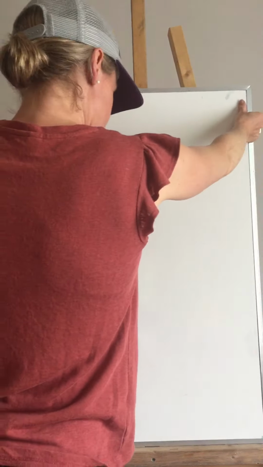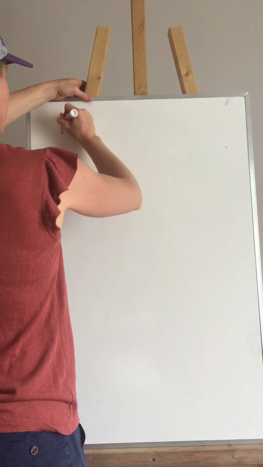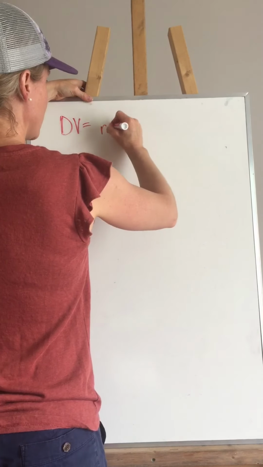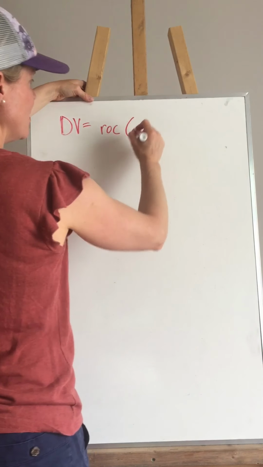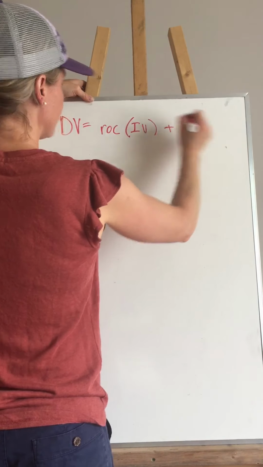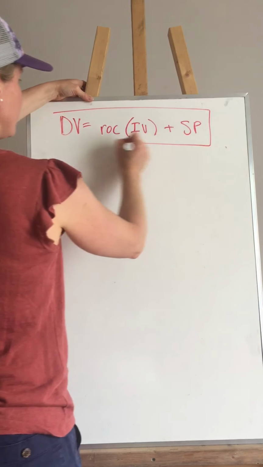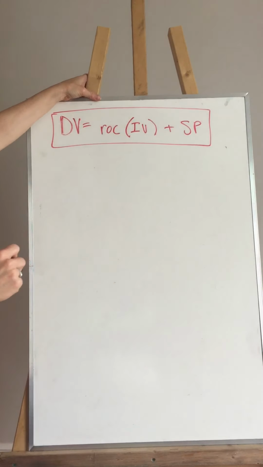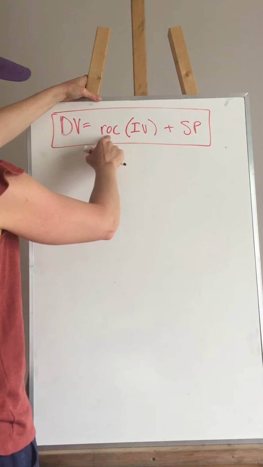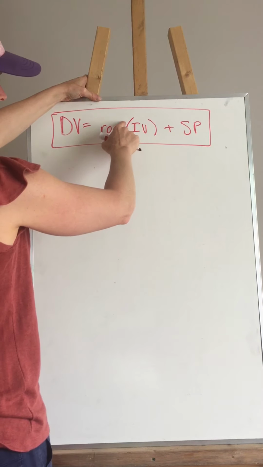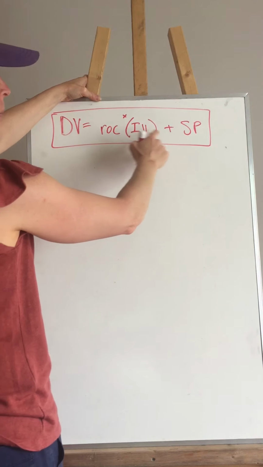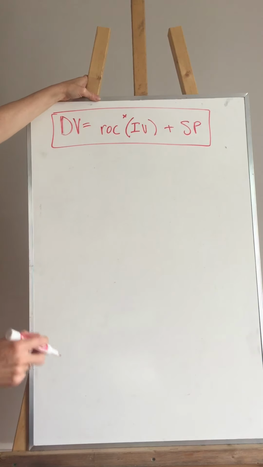And that is: dependent variable equals rate of change times independent variable plus starting point. So you don't need to memorize it, but what we do need to know is how to use it. Dependent variable equals the rate of change multiplied by the independent variable plus the starting point.